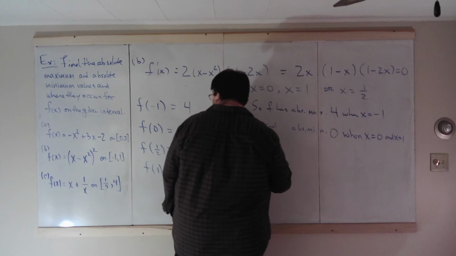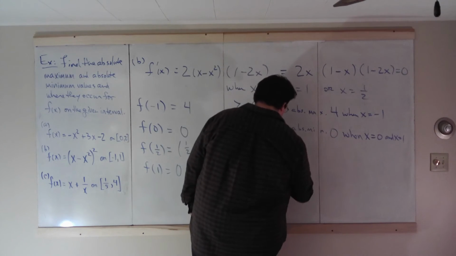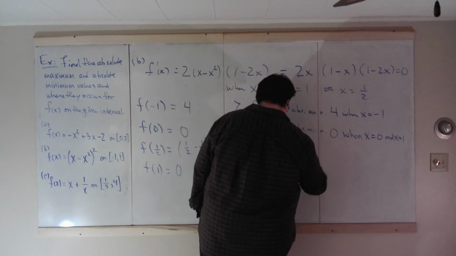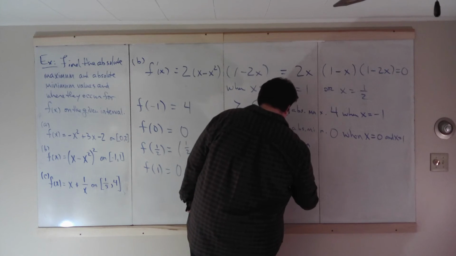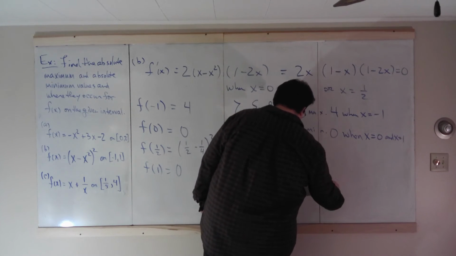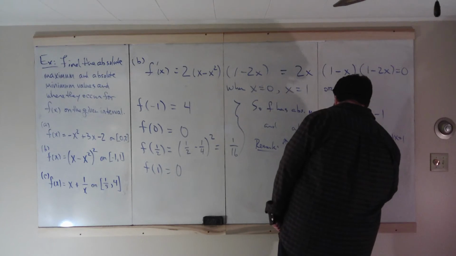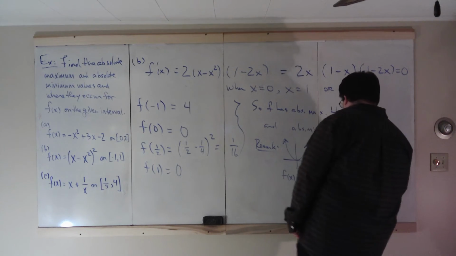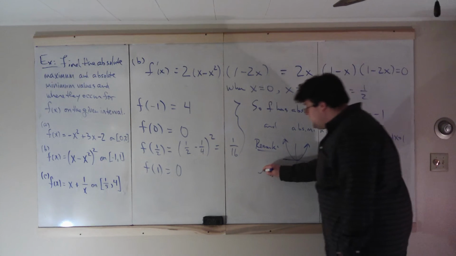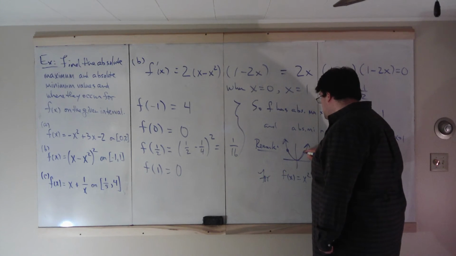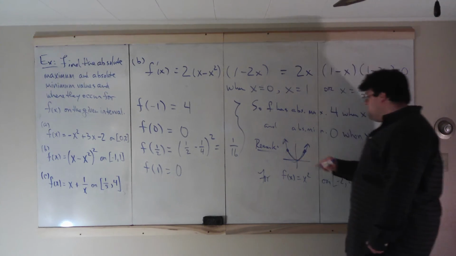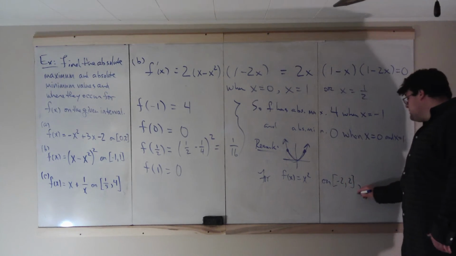This isn't what this function looks like, but, you know, if you just take f of x equals x squared on negative 2 to 2, for this function on negative 2 to 2, the absolute maximum occurs twice.